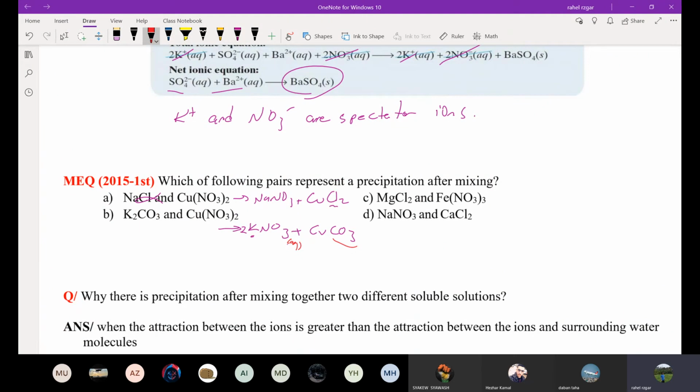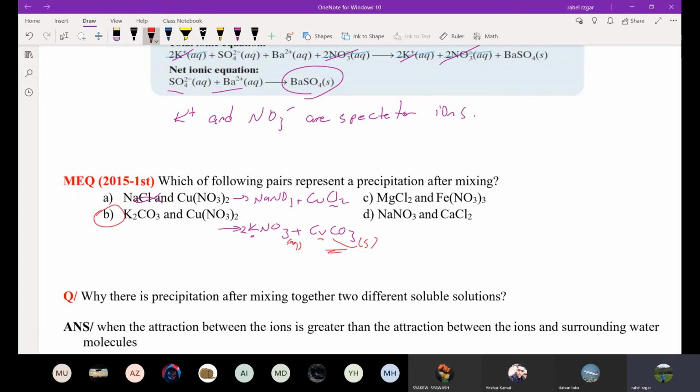CO3 was from rule number 5. Everyone, you can check out rule number 5. Rule number 5 contains copper, phosphate, carbonate, and silicate. Carbonates, CO3s, are generally insoluble, except with what? Sodium, potassium, and ammonium. But copper is not sodium, it's not potassium, it's not ammonium. So carbonate is normally insoluble. That's why this one becomes solid. So the answer is B.